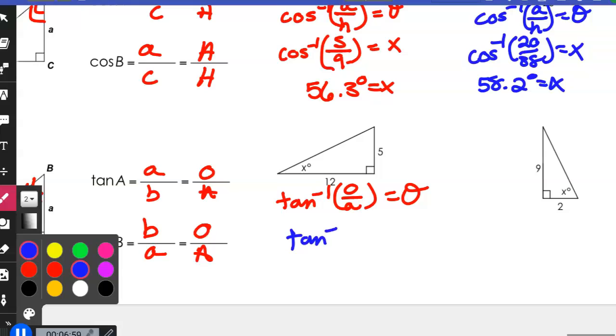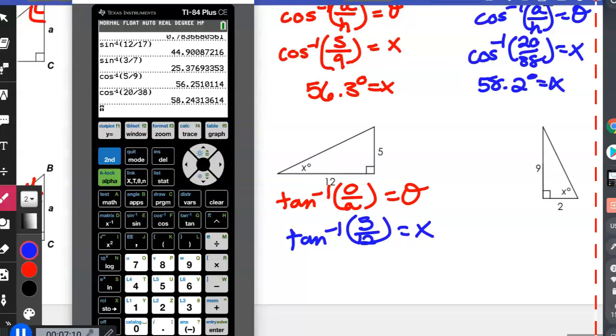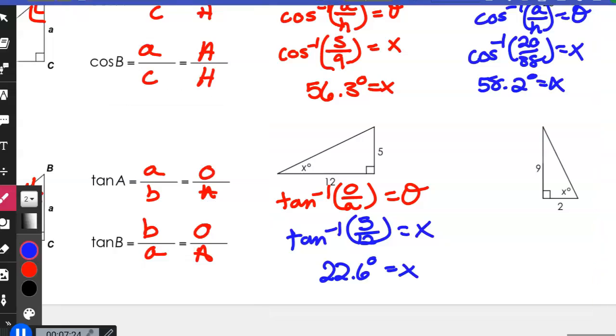So inverse tangent of 5 over 12 equals x. Second tangent, 5 divided by 12, x equals 22.6 degrees. Okay, super easy, right? It's almost easier than finding the side because there's no division involved.